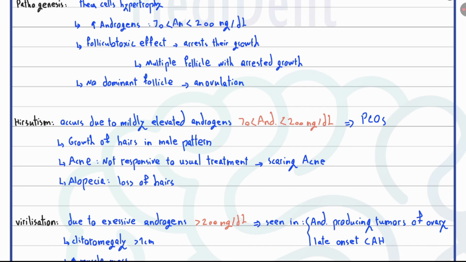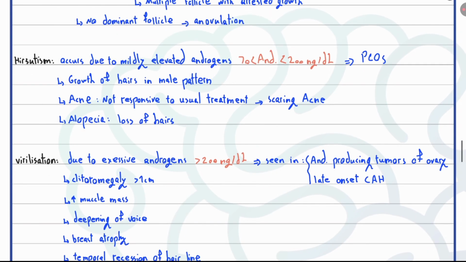And appearance of acne is present, and this acne doesn't respond to usual treatment, and after a while it changes to scarring acne. It means the remnants of this acne will remain forever. And alopecia sometimes can be present in these patients. Alopecia means loss of hair, especially on the head.